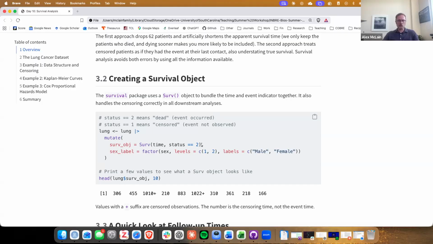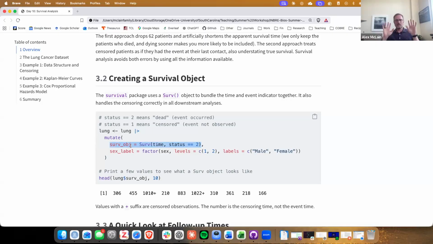The survival object is created right here. So we're using mutate, Surv, and we give it the time. This is the total at-risk time. And then we tell R how it knows the event occurred versus it's censored. So we say, all right, if status equals 2, that means the event occurred. And that's the way it is in the data set: 2 means dead, 1 means censored. So this creates this survival object.